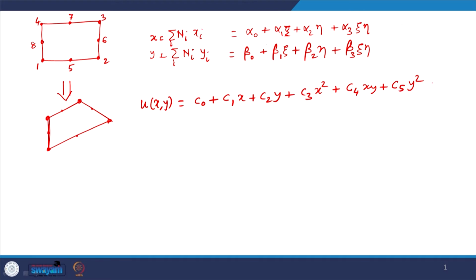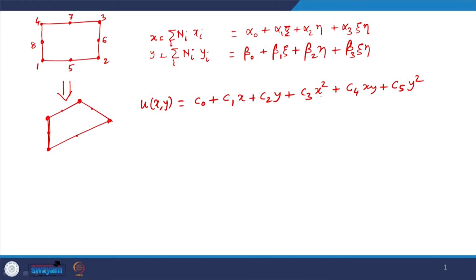So, this is the bilinear distortion of x and y. I can substitute this bilinear expansion of x and y in this expression, and then try to collect terms.